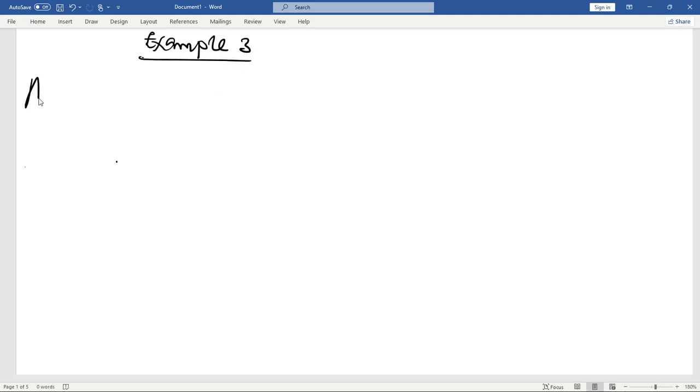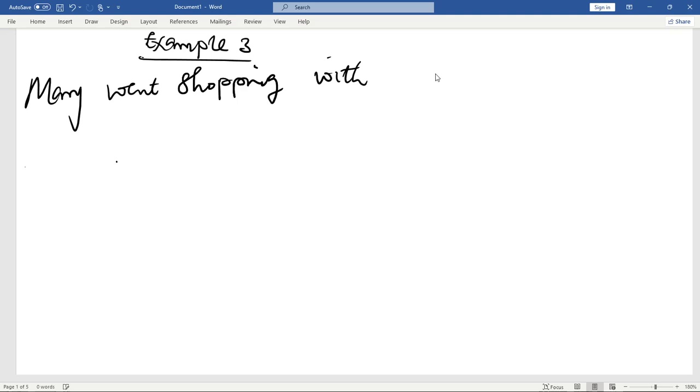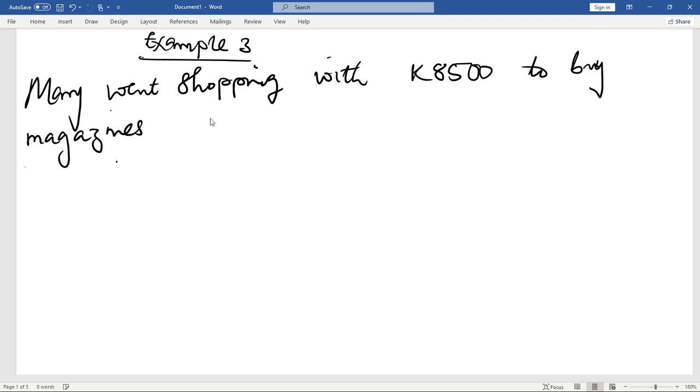Okay. So Mary went shopping with 8,500 kwacha, like this, to buy magazines and exercise books here.